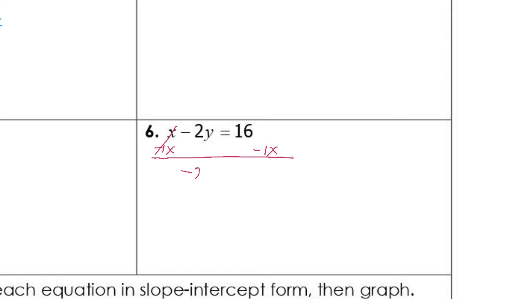And on my left, I'm left with negative 2y equals negative x. If you want to write 1x, you can, plus 16. I'm going to divide all my terms by negative 2. And I'm left with y equals 1 half x minus 8.